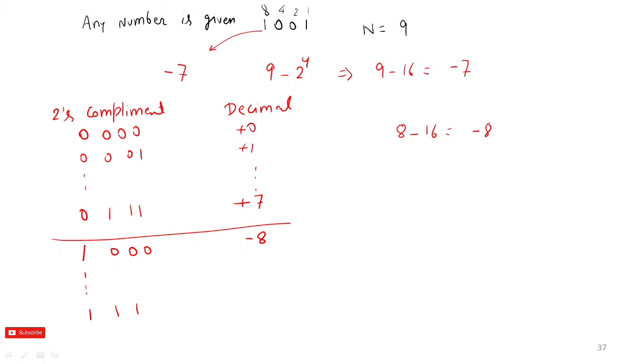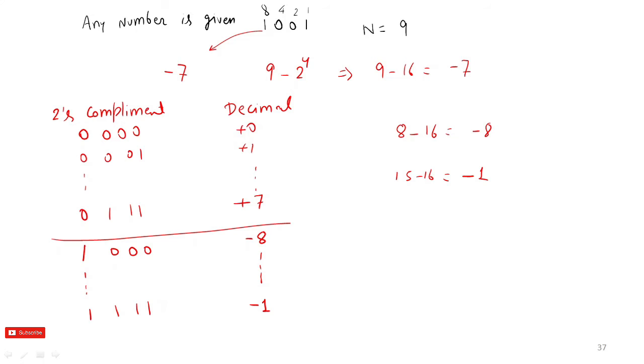1 1 1 1, how does this come out? This is decimal 1 2 4 8, so 8 plus 4 plus 2 plus 1 is 15, minus 16. How much? Minus 1. So this is minus 1.